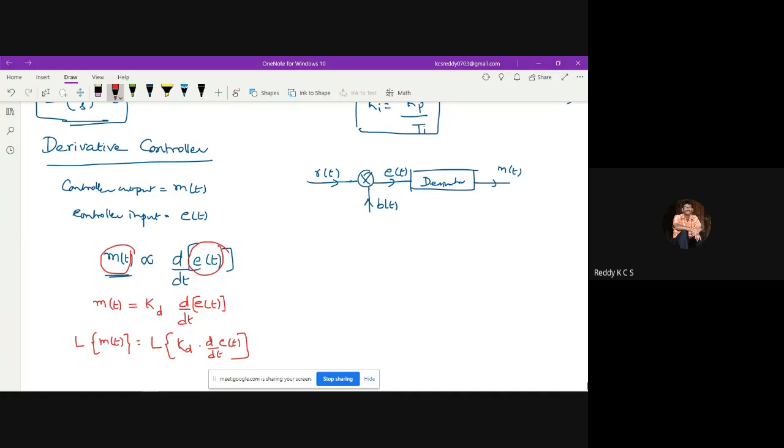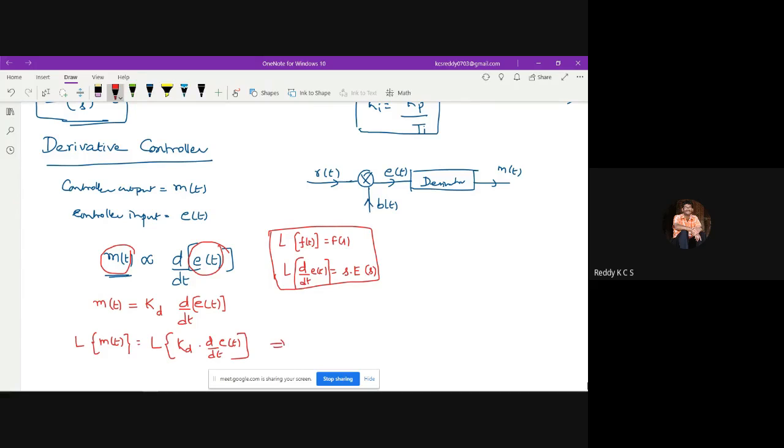We know that L of f of t is equal to F of s, and L of d by dt of e of t is equal to s into E of s, where I am neglecting the initial conditions. These are the two equations.